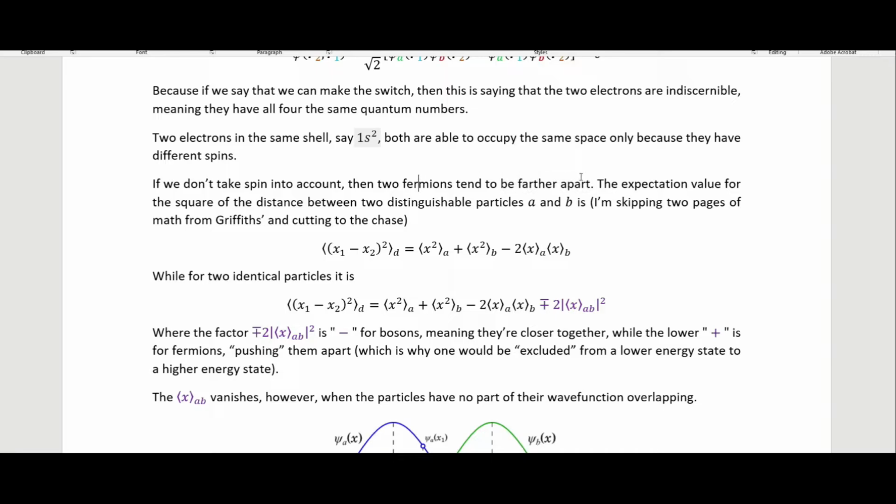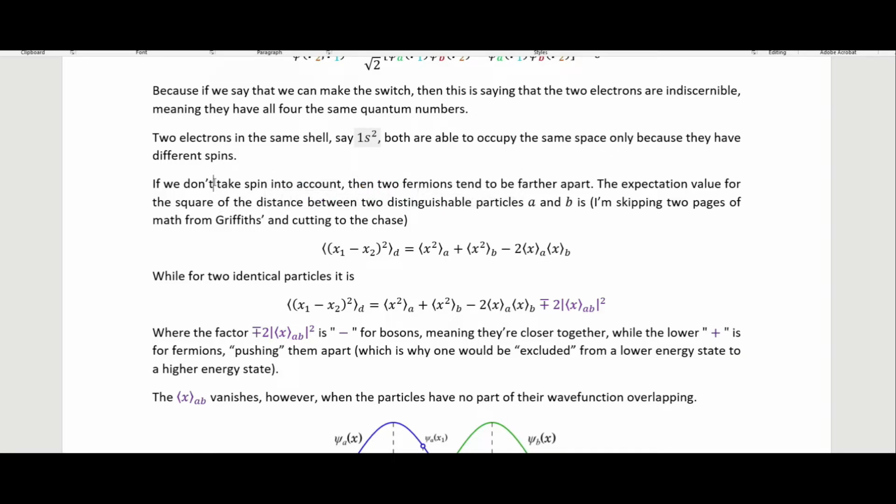So the expectation value for the square of the distance between two distinguishable particles A and B is this. I'm skipping 2 pages of math from the Griffiths textbook, which is mostly what I'm following along with here.